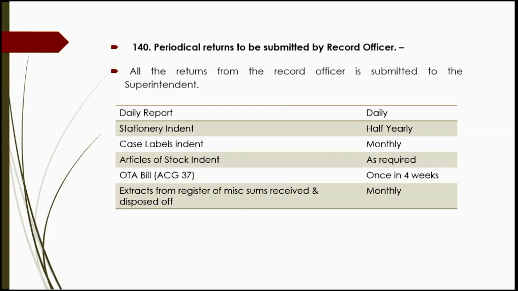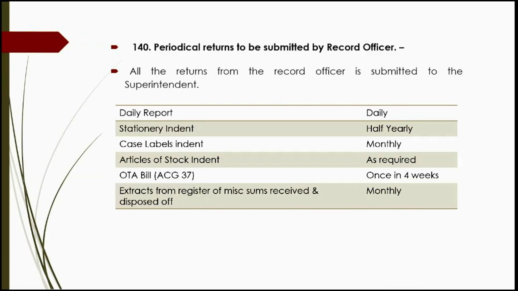Daily report, as the name suggests, daily. Stationery indent, six months once. You cannot make it otherwise; an emergency indent is okay, but the due indent is every half yearly. Case labels, monthly. Articles of stock, whenever you need, you can raise the indent. Overtime allowance bill, once in 4 weeks, which is nothing but monthly.